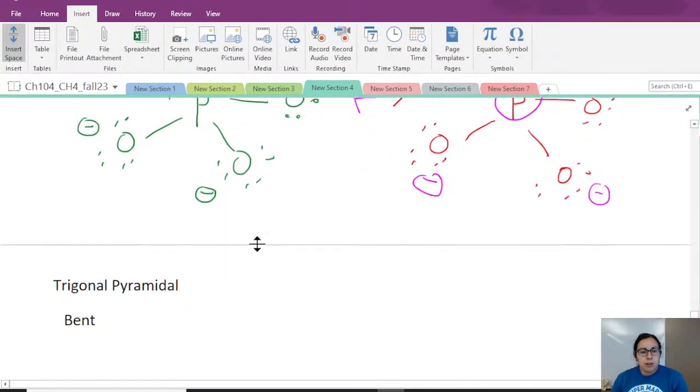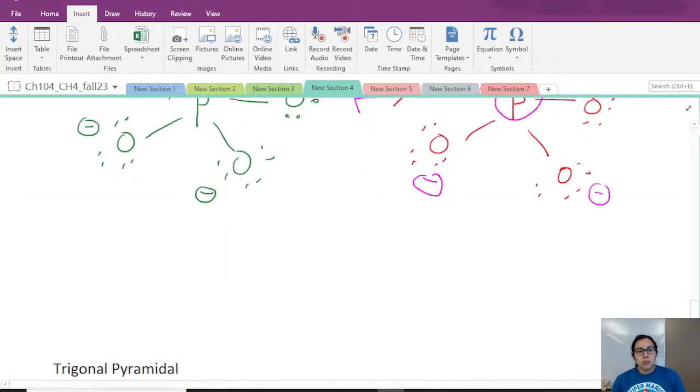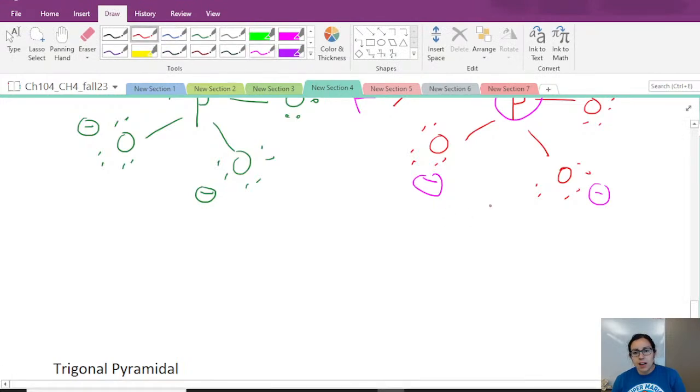You also want to understand that our resonance structure is just an average picture trying to describe this. We could draw this with any oxygen having the double bond, so we can move that around, and all those are appropriate resonance structures.